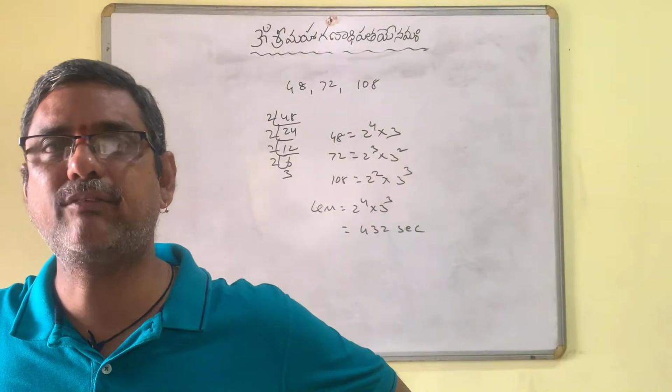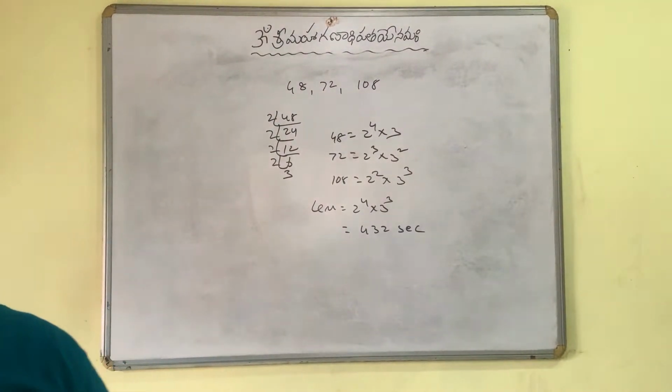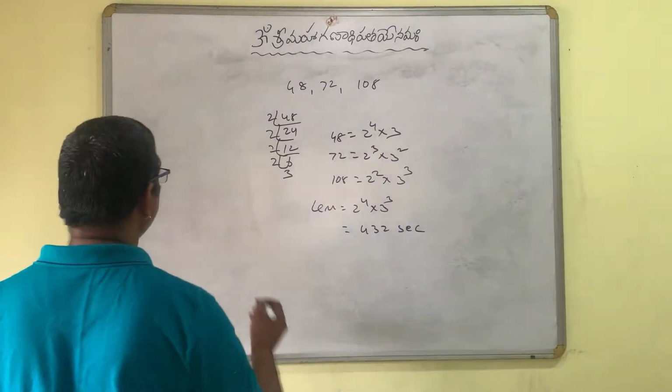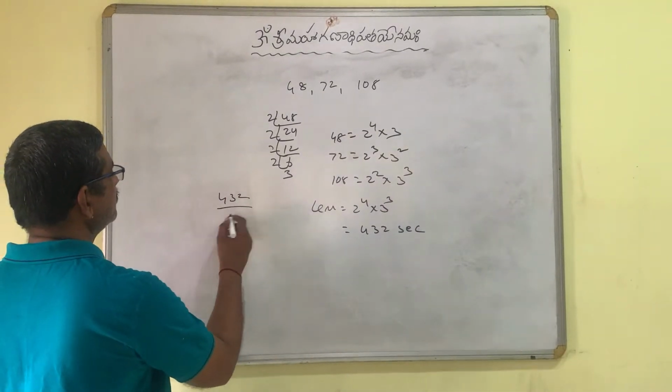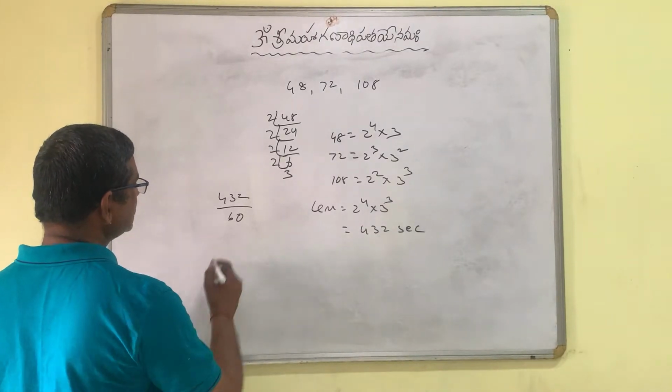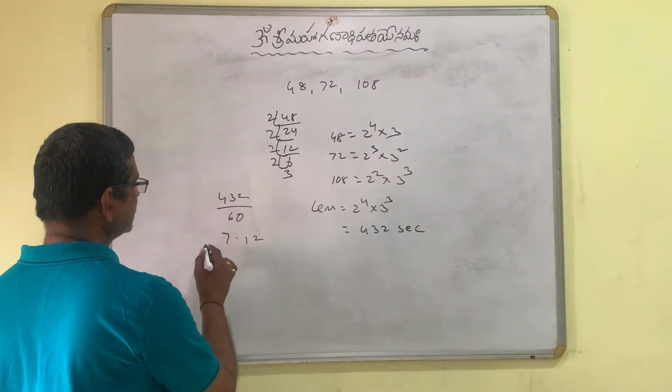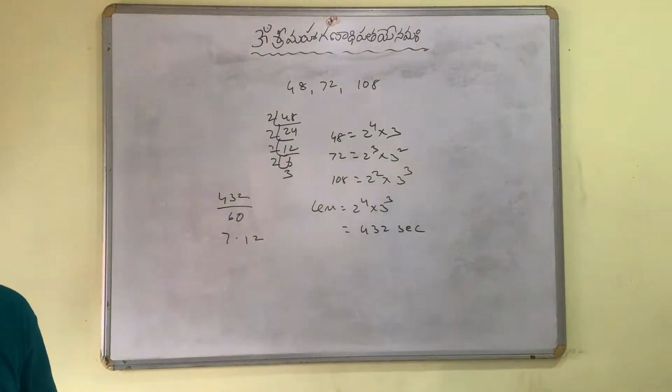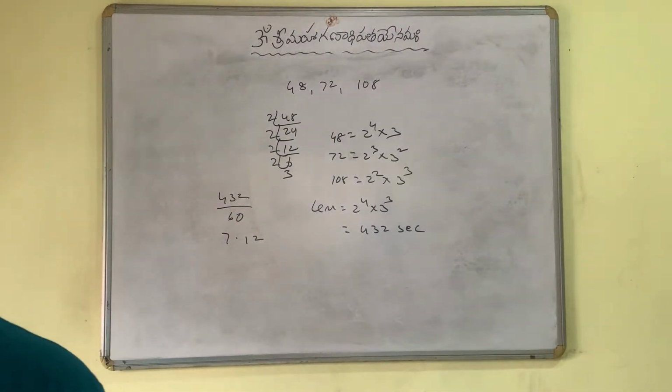That is after 7 a.m. Now try to convert this 432 into minutes by dividing by 60. I think it is 7 minutes 12 seconds.